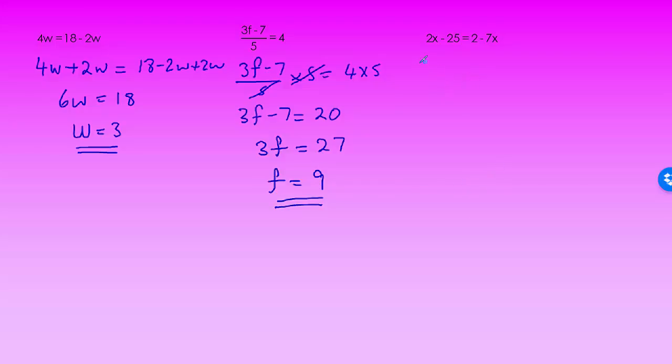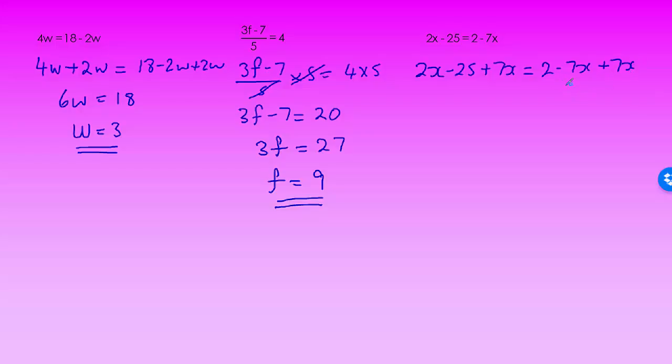This one here has x's on both sides, 2x on this side, and negative 7x on this side. Negative 7 is smaller than 2, so we want to deal with this negative 7x. We can do that by adding 7x's to both sides. So I'll add 7x to the left, and that means that I need to add 7x to the right.